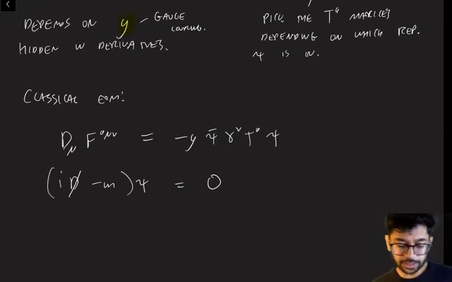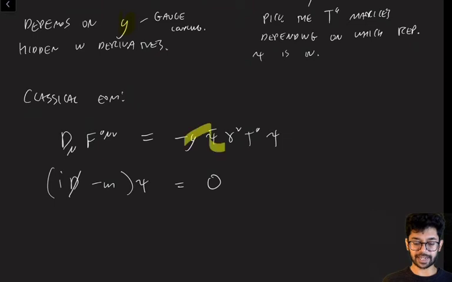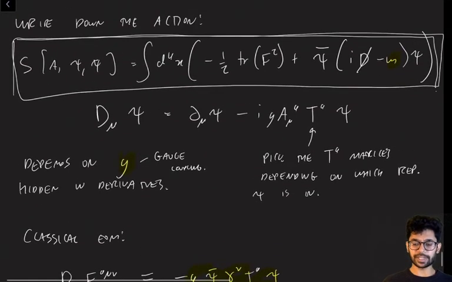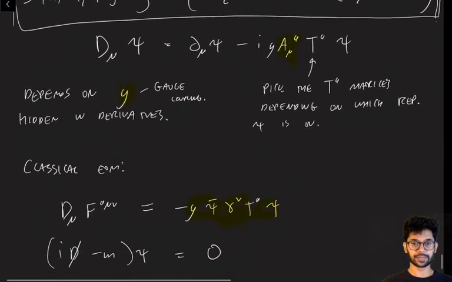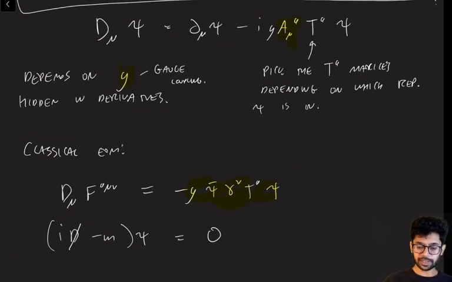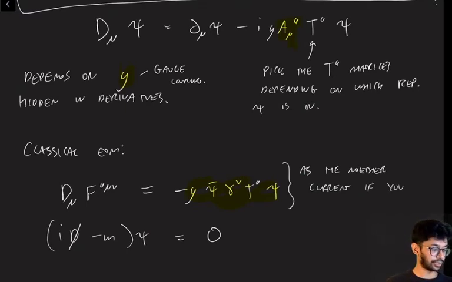So notice that there's a new term on the right-hand side of the gauge field equation of motion. That's coming from the interaction of the fermion with the gauge field through this term. In fact, if you stare at this, you can see that this can be understood as the Noether current that you would have had for psi if you treated the gauge symmetry as a global symmetry.